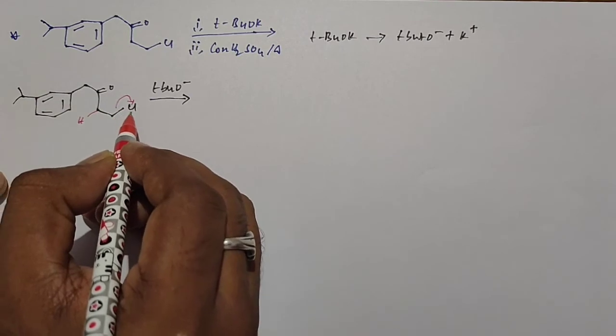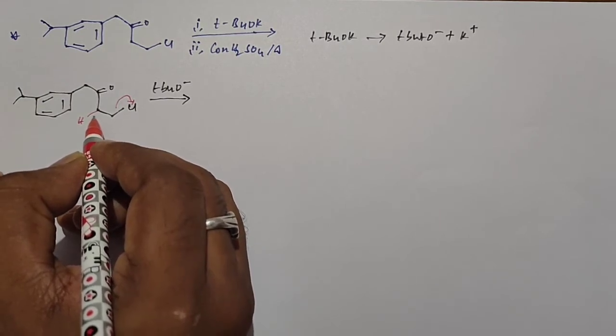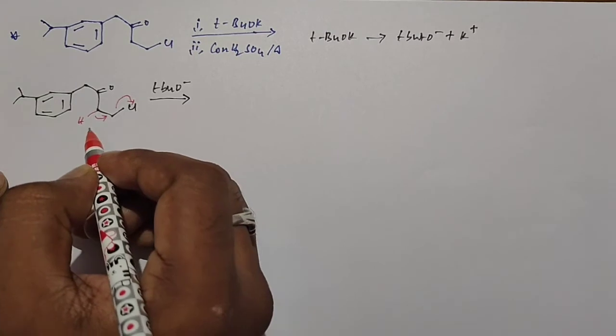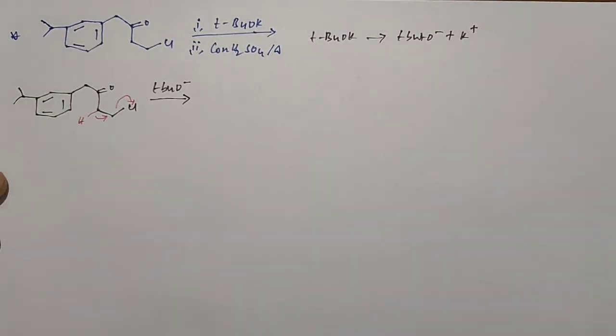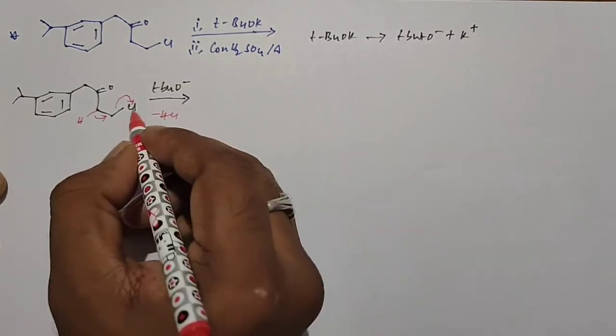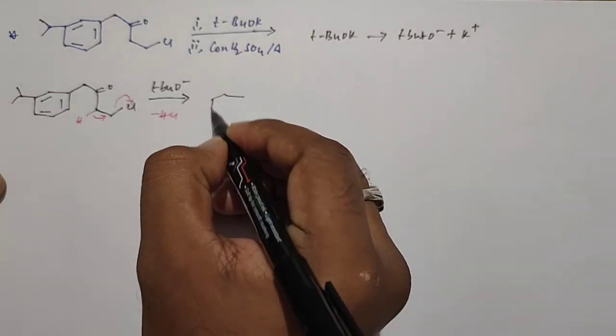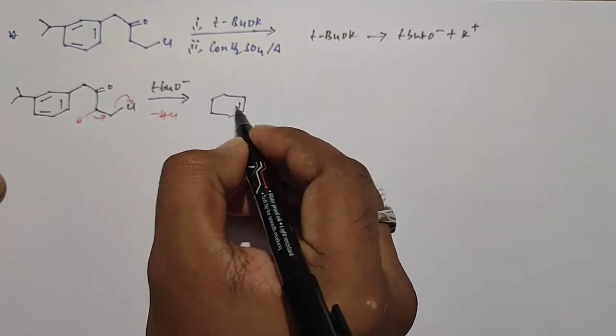So these sigma electrons are shifting toward the chlorine, and these sigma electrons are shifting here as a double bond. Then we get the product. So here we just lost HCl, here hydrogen and here chlorine. So then we get the product after reaction with the tert-butoxide.